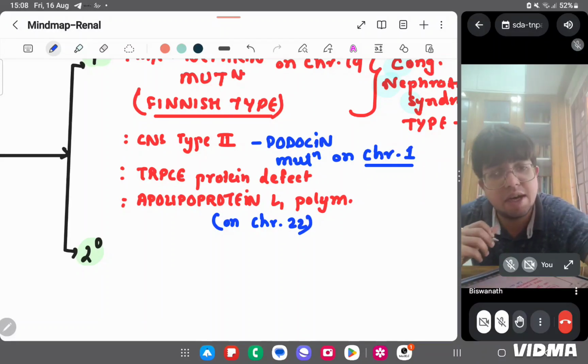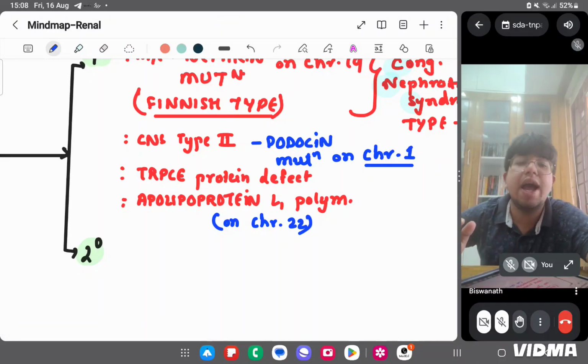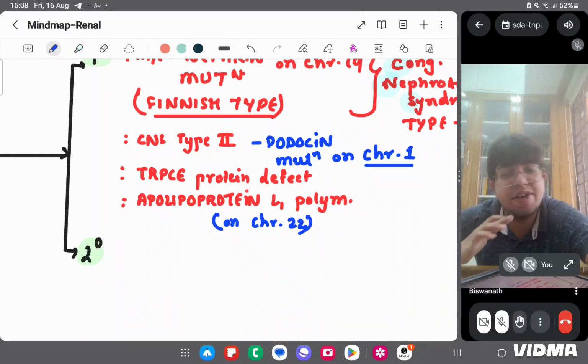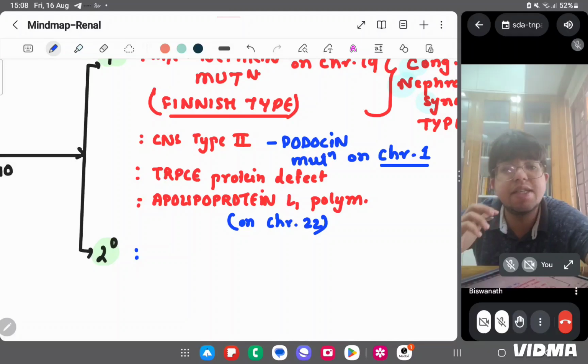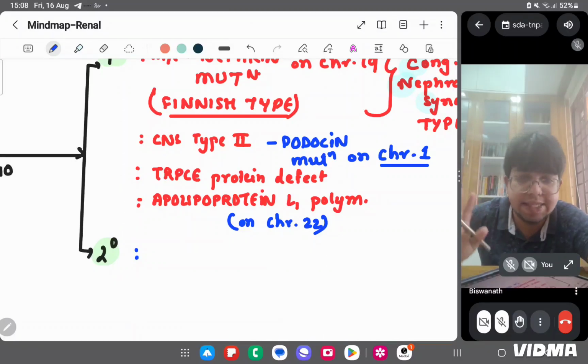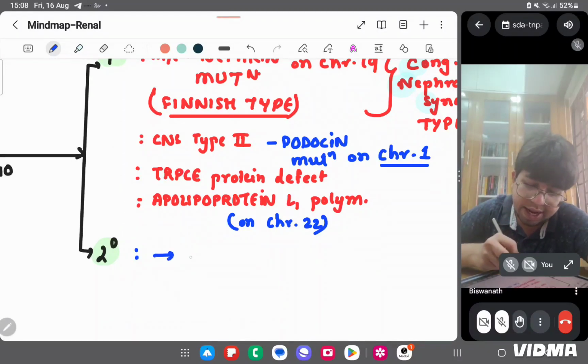This may occur, and this is most commonly present in childhood, and these are steroid resistant. Steroid won't work for this. Understood?